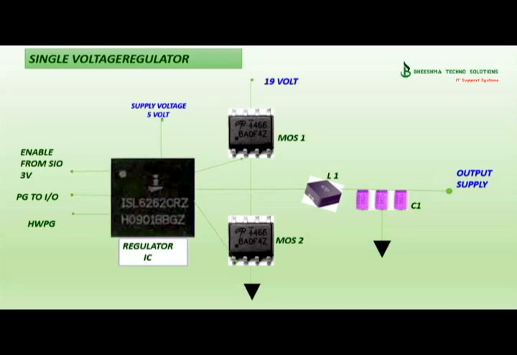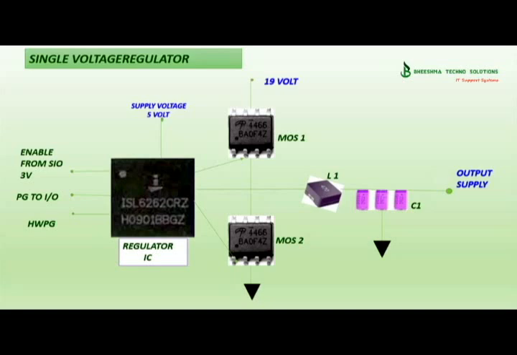The high-end MOSFET receives the gate signal and it passes voltage from drain to source. This time the low-end FET will be in off condition.